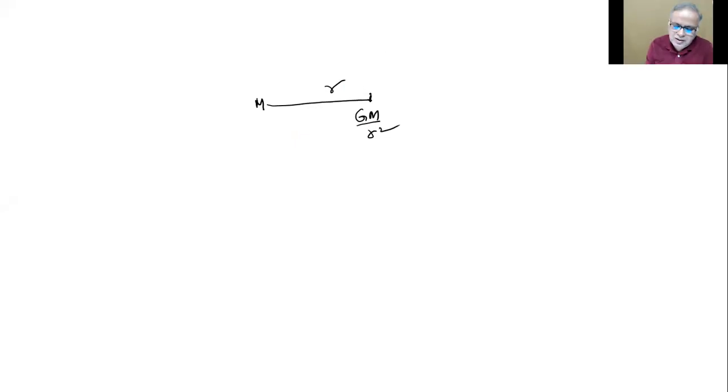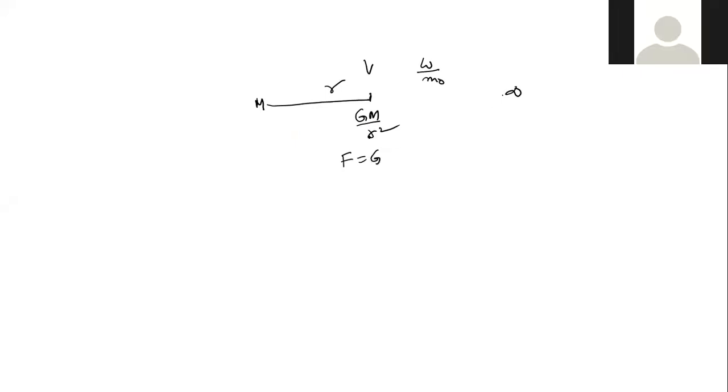Similarly, if I say V is the potential here, it means it's the work done per unit mass in bringing a mass from infinity to r. Yes. That's all. Then total mass. What is force here? We brought m naught. If I put m naught here, what is the force? G M m naught by r square.